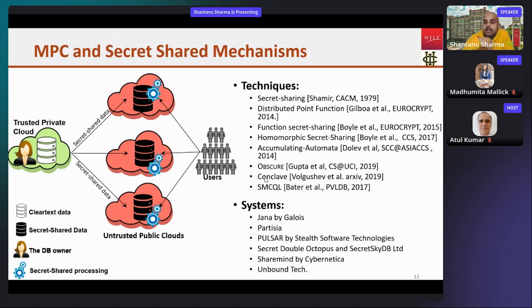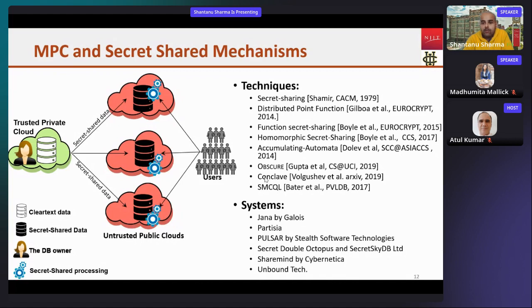The classical standard secret sharing techniques were developed by Adi Shamir in 1970, and recently several startups in the United States are focusing on building secret sharing based database systems because of the highest level of security provided by these systems.